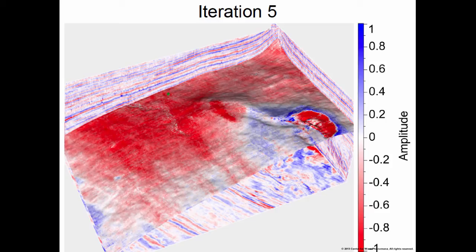Finally, after 5 iterations, we can see that all the amplitude values on the surface are uniform almost everywhere except in this small part, which is highlighted by the black circle.